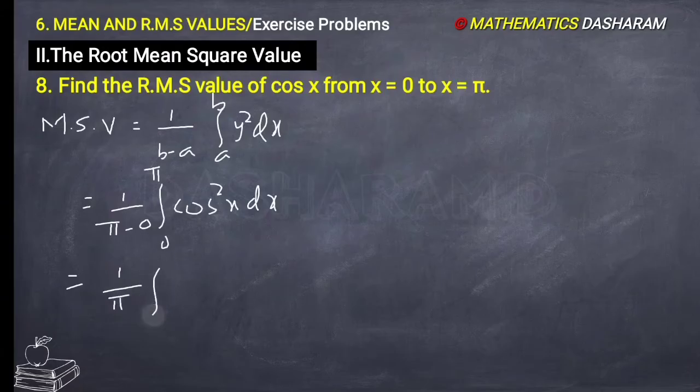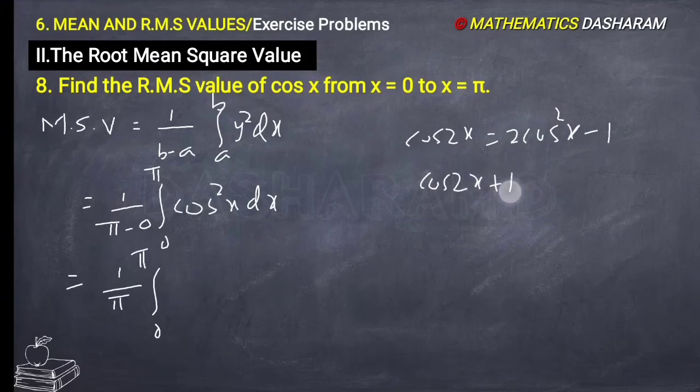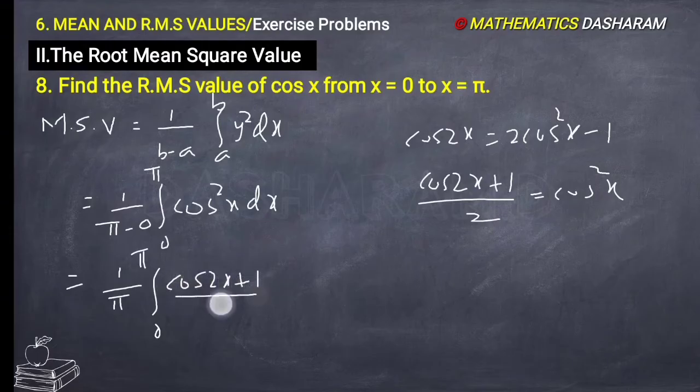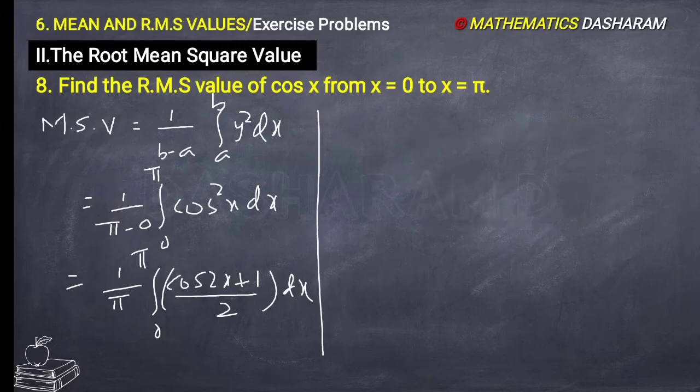Now integration 0 to pi cos square x. The cos 2x formula is 2 cos square x minus 1. From this, cos 2x plus 1 divided by 2 equals cos square x. So here, cos 2x plus 1 by 2 whole dx. Now it is equal to 1 by pi. Here the denominator is 2, so 1 by 2 constant.